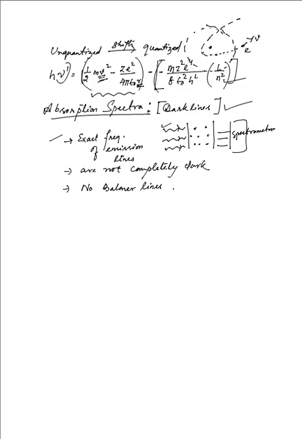And when these electrons absorb the energy and move over to those levels, they require exactly the same amount of energy that they would have given out while coming down from those excited states to the ground state.